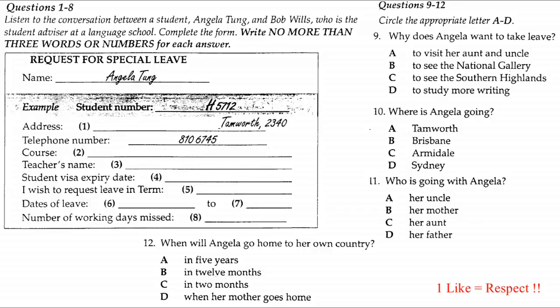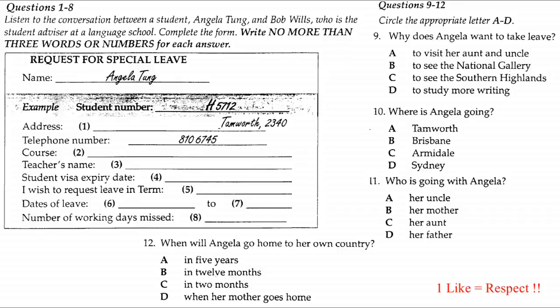The telephone number's 8106745. Thanks. What course are you doing? I'm in the writing class. Writing. Who's your teacher this term? Mrs. Green. She spells her name like the colour. Thanks.